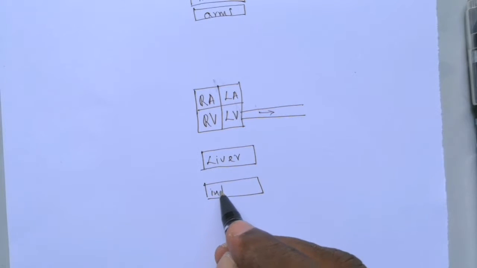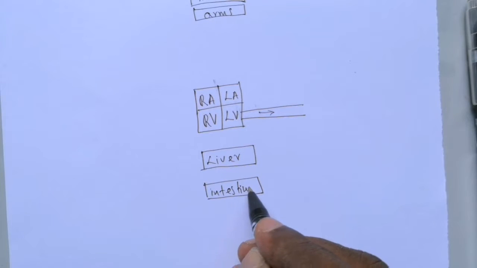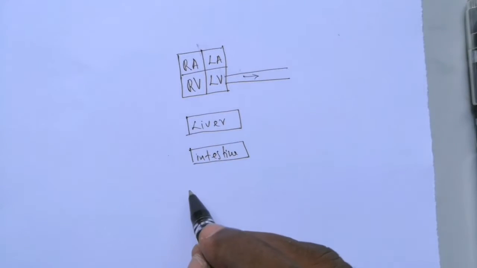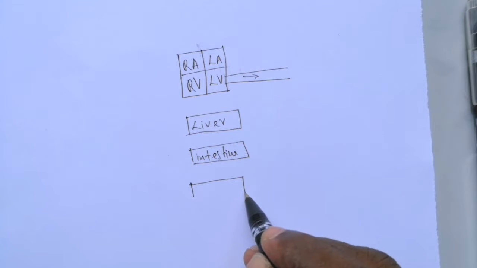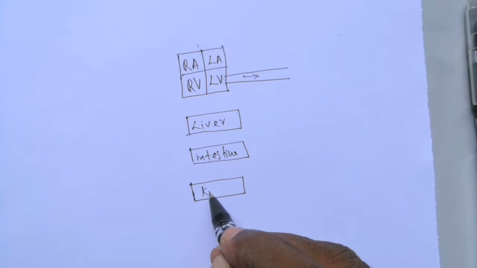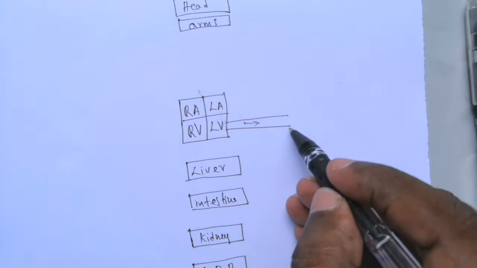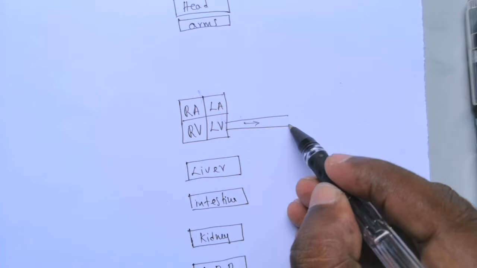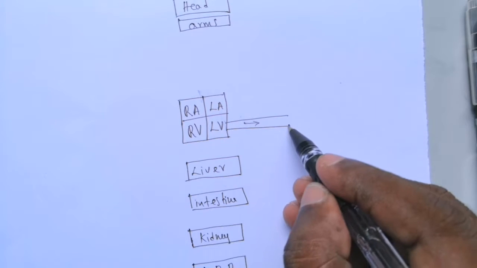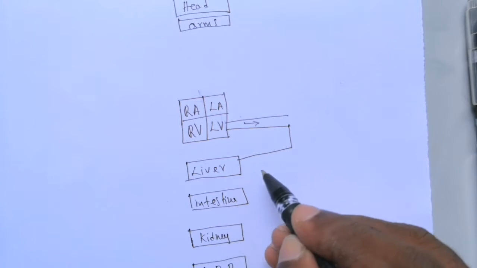This is intestine. Below the intestine, the main body part which we need to remember is kidney. Below the kidney, lower body parts. The blood which goes to various body parts on the downside, first it will go to liver.